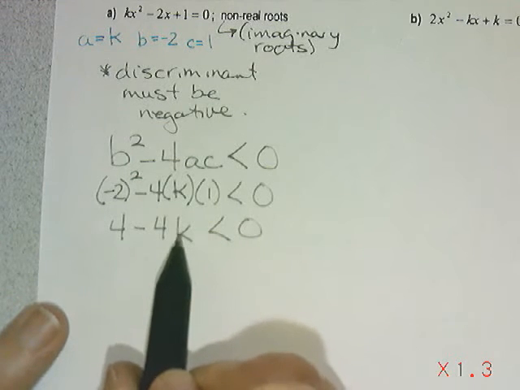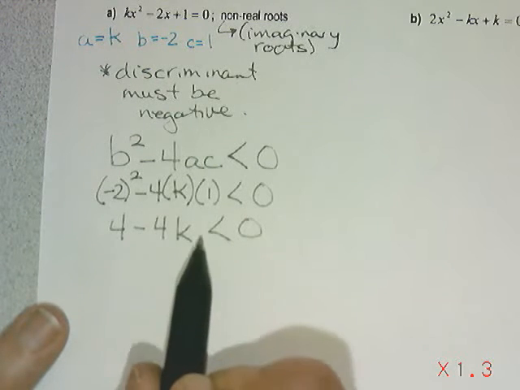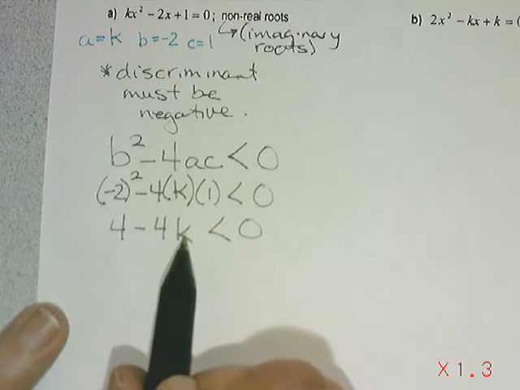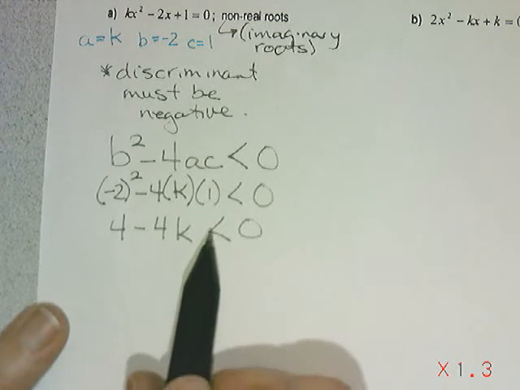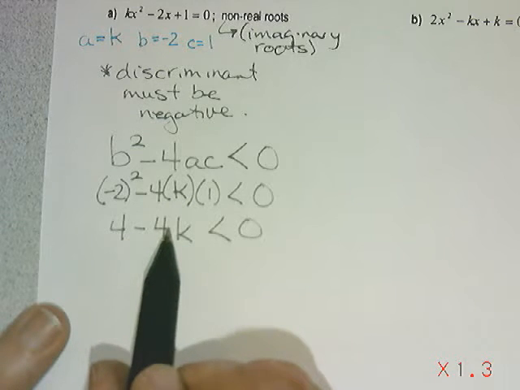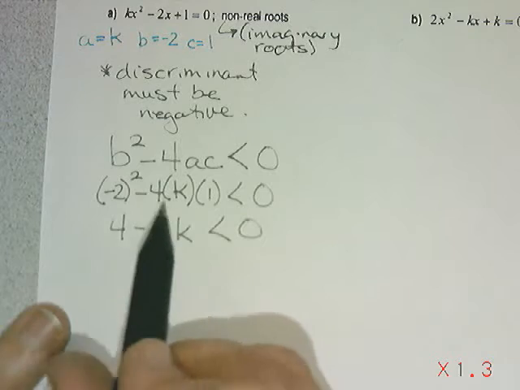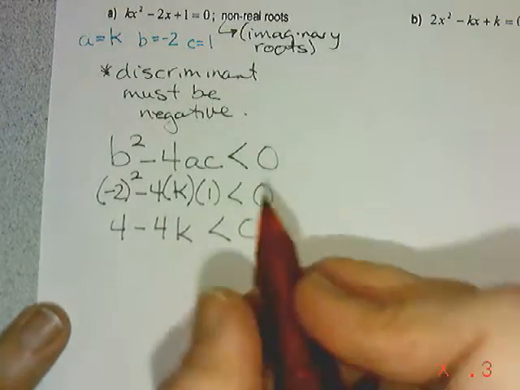What about a 2? 4 minus 8, that would be less than 0. What about a 3? What about a 3.7? What about a 10.8? Anything bigger than 1. If I put less than 1, hey, let's put a negative number, like, let's pick a negative 2. Then 4 minus a 4 times negative 2, that would be a plus. And I'd get a whole positive value here, and that's not less than 0. And we can solve it by inspection.